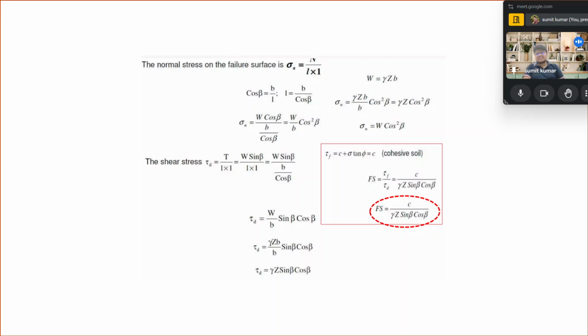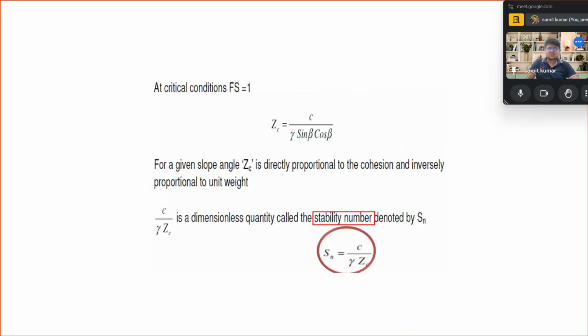Now the shear stress tau d is T by 1 into 1, that is equal to W sin beta upon 1 into 1, that is equal to W sin beta upon b by cos beta. By performing our calculation for the cohesive soil, we calculate tau f by tau d, which comes to be C by gamma z sin beta cos beta, which is the factor of safety for the cohesive soil case.